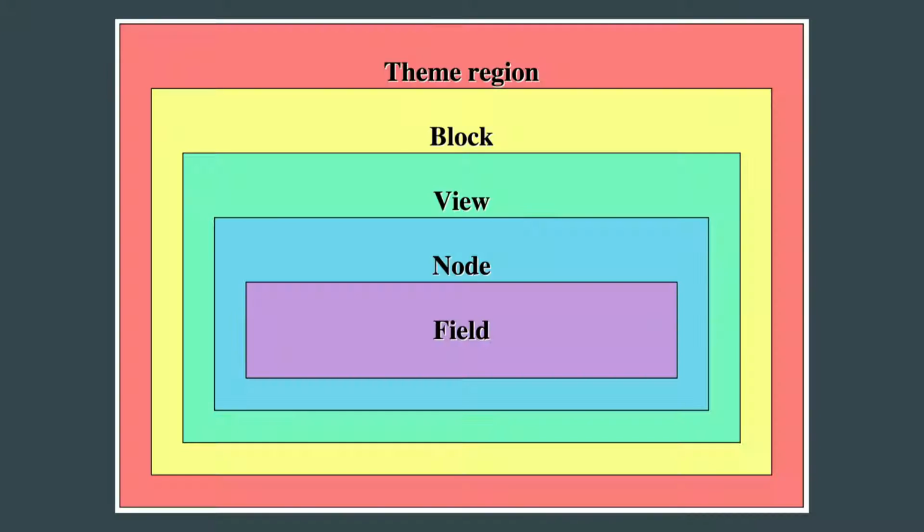Because in other sessions or other times that I have presented these sessions, people get confused: is a node a view, is a node a content type, is a node... so they think that they will have to go to one place to configure everything, and that is not the case. For each one of these concepts, you will have a different page in Drupal to administer that information.